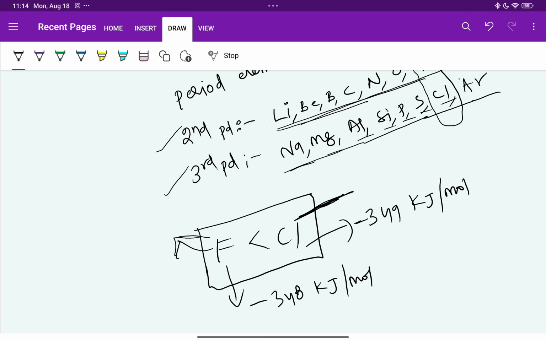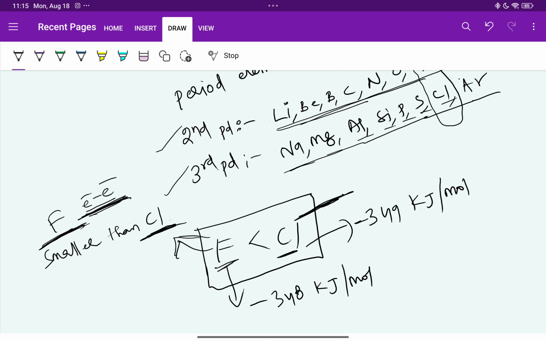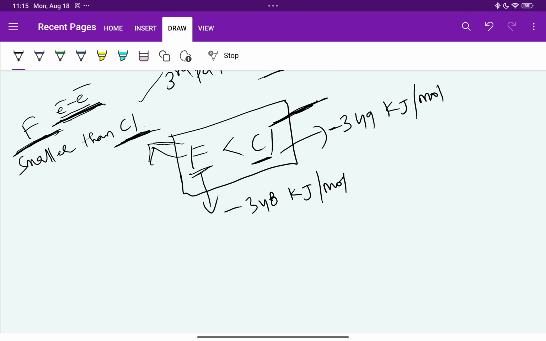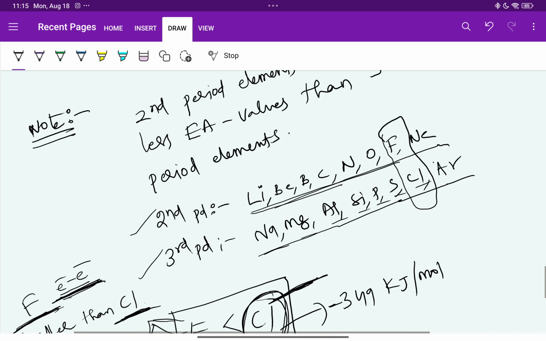Fluorine's atomic size is smaller than chlorine's. In fluorine, more electron repulsions are present when you compare with chlorine. In chlorine, electron repulsions are less, but in fluorine, electron repulsions are more. So due to this reason, chlorine's electron affinity is more than fluorine's. So in the periodic table, the element showing the highest electron affinity is chlorine.